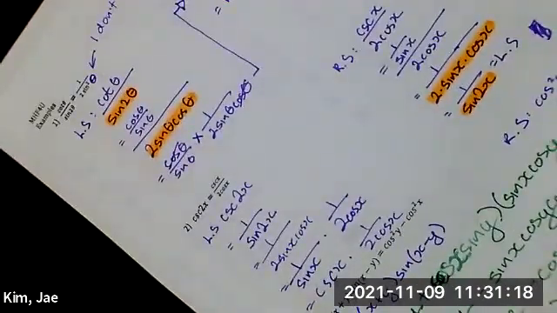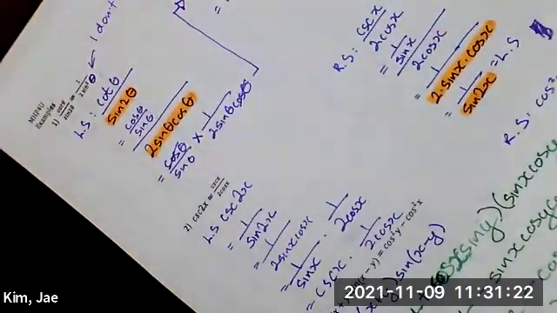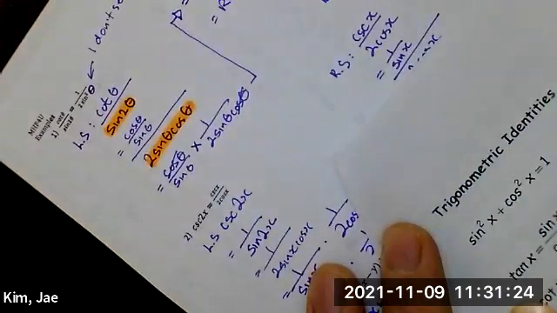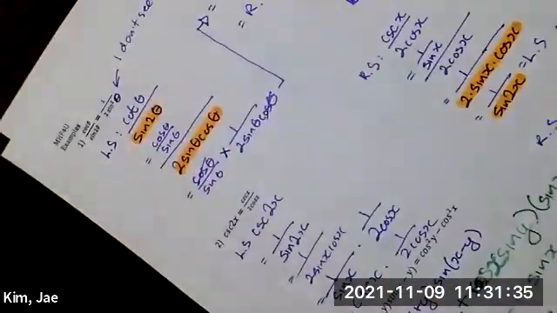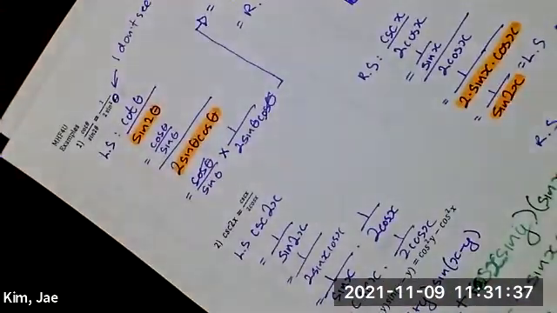Looking at the right side, there's no sine. So she used this version: 1 minus cosine squared x is equal to sine squared x, and 1 minus sine squared x is equal to cos squared x. We tried it. So there's small clues.